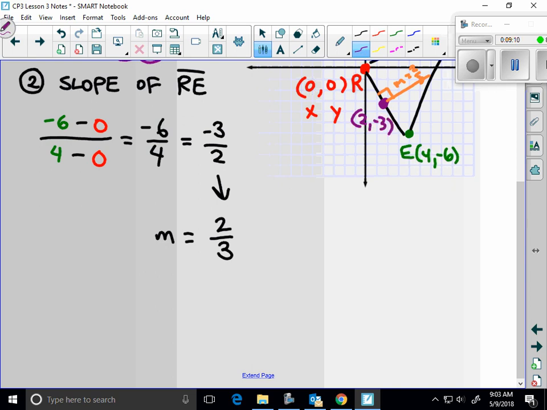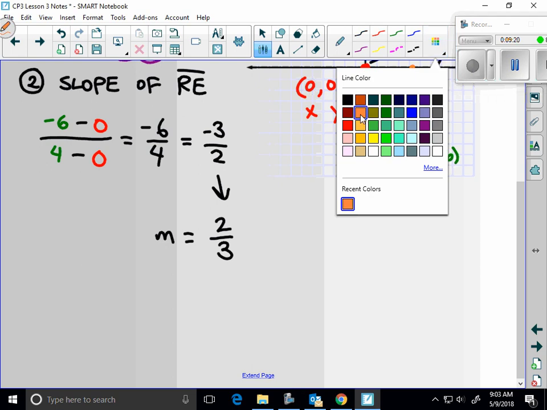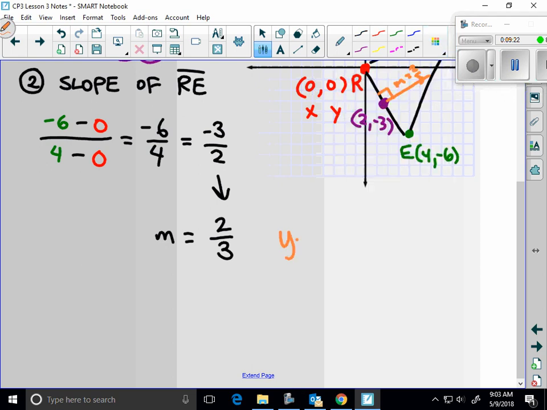So now we can write the equation of this orange line. Okay, it's going to be y minus something equals slope times x minus something.